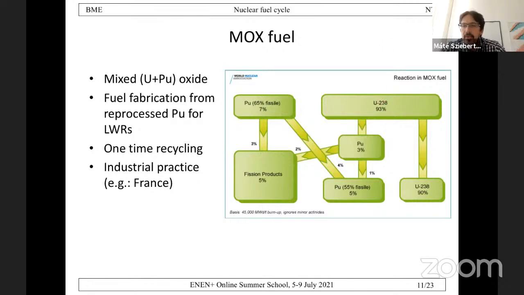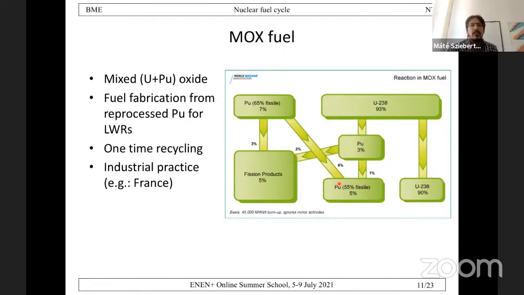And then what happens during the irradiation? Again, from the 238, more plutonium is produced, while like 3% of this plutonium fissions. And what remains at the end is plutonium, but now only with 55% of fissile material.